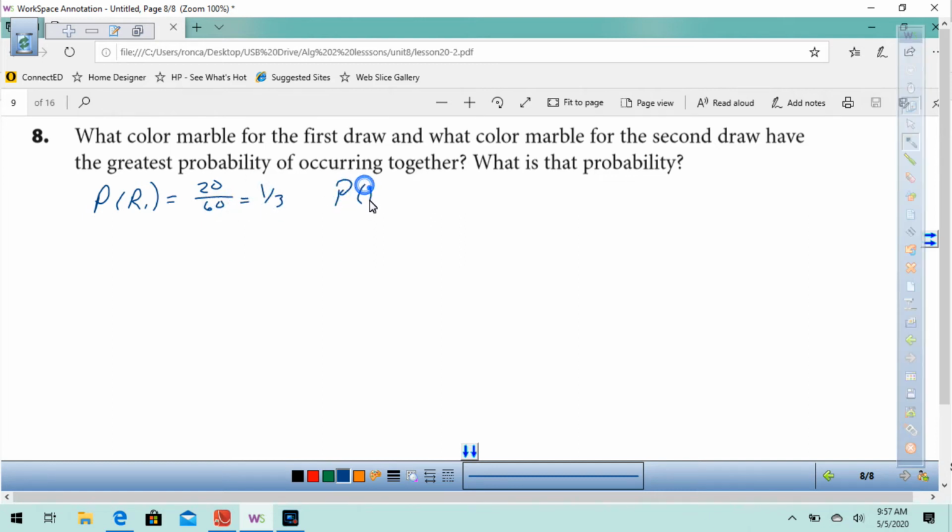And the probability of red on the second draw, given red on the first draw, since we're putting the first one back in, is going to be the same. That's 1/3.